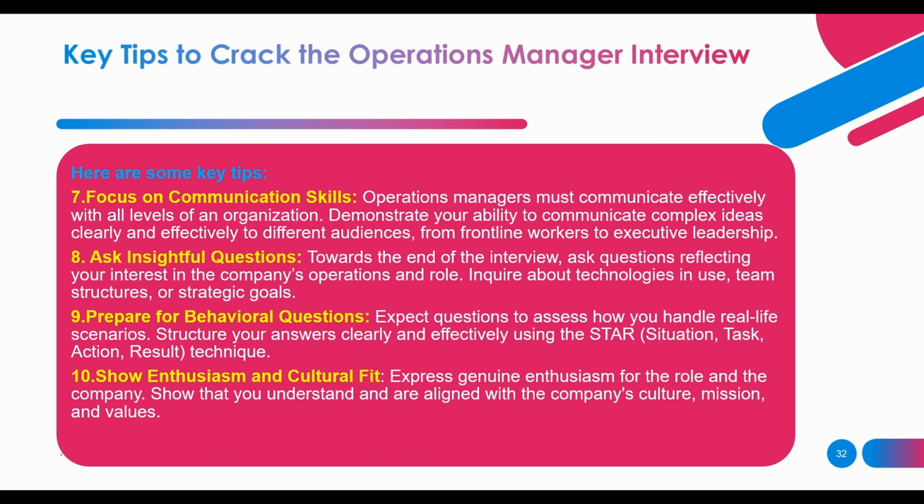Number 7 here means you have to communicate with all levels of teamwork, because at a company, at an organization or institution, we have all type of staff, from lowest to the high or the top one. So as an operation manager, you must have good communication, good rapport with all of them.